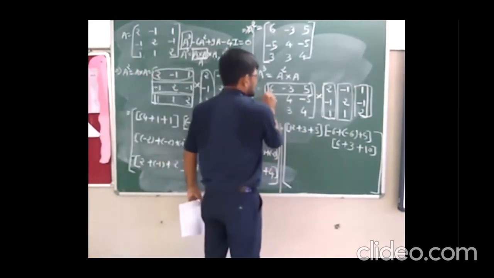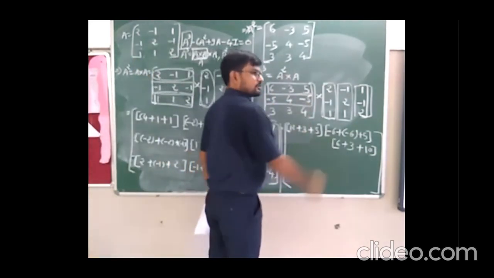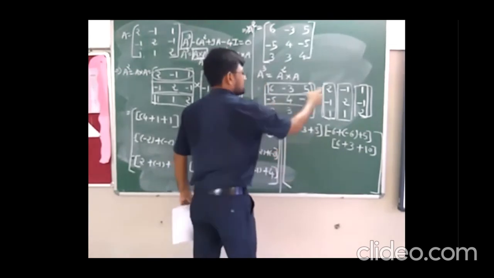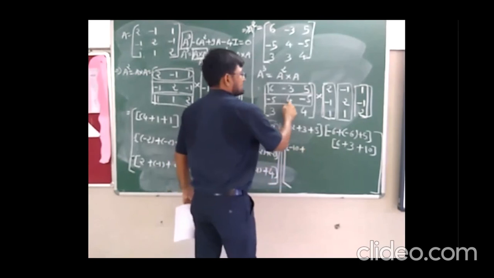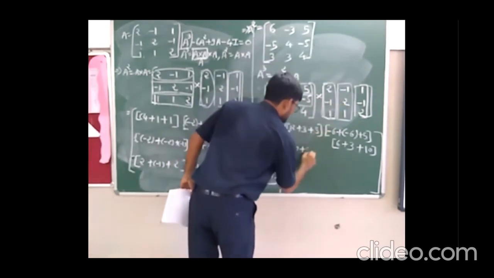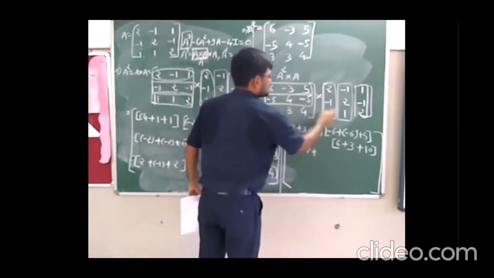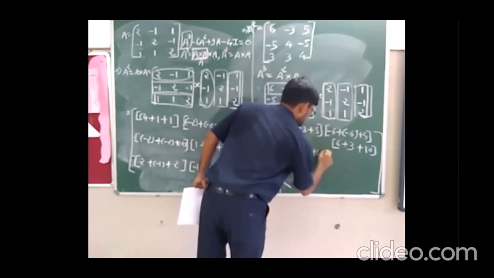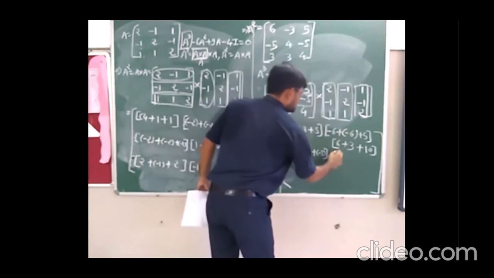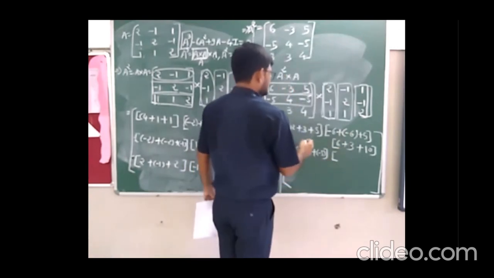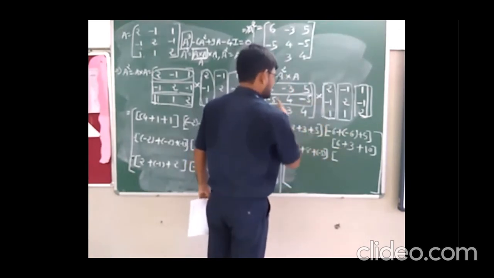Now we'll use second row with all columns. So first into first, minus 10 plus second into second, 8 plus third into third, minus 5. Then second row, second column, I think, let me check. Okay, minus 5, right.